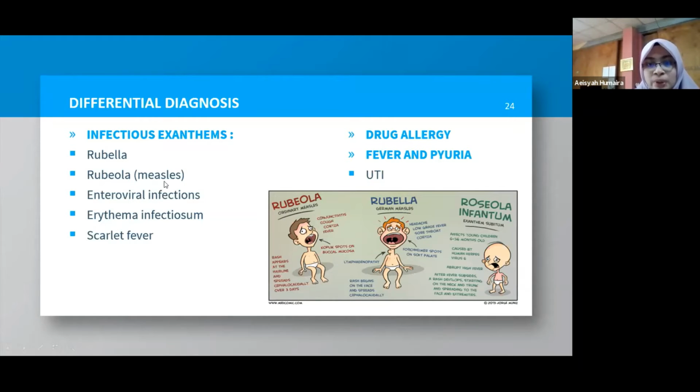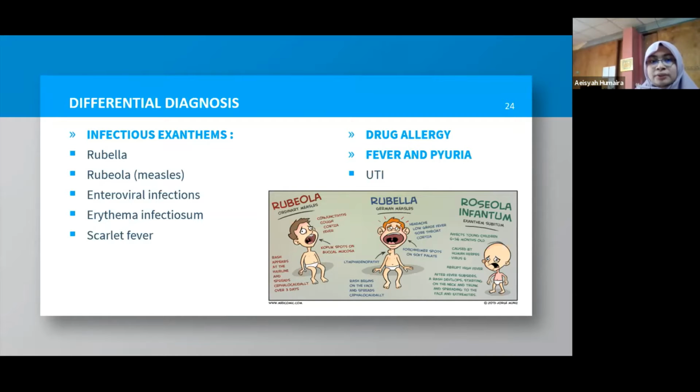Rubella also has Koplik spots. Enteroviral infection causes hand, foot, and mouth disease, which will be explained by my friends later. For erythema infectiosum, the rash is predominant at the cheeks, and scarlet fever causes a sandpaper-like rash.